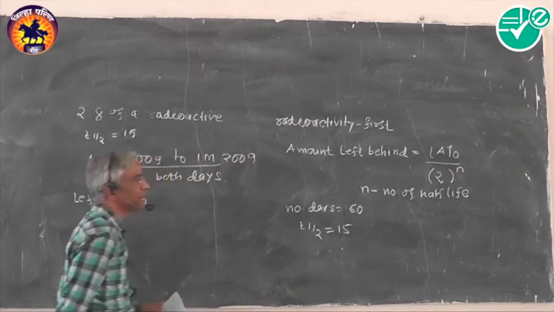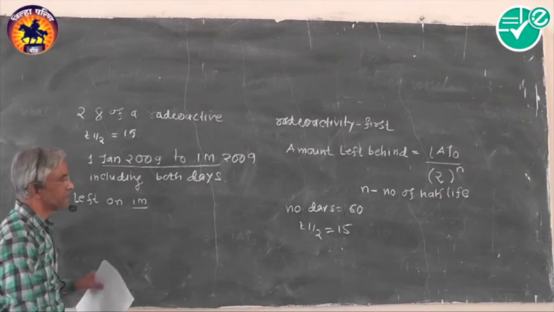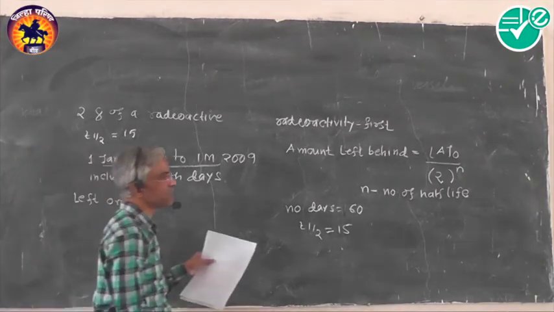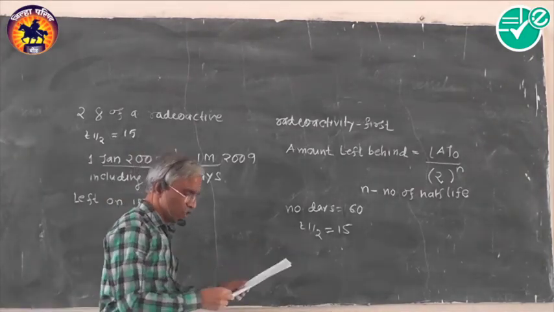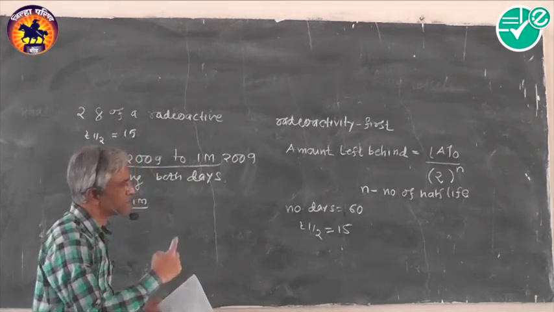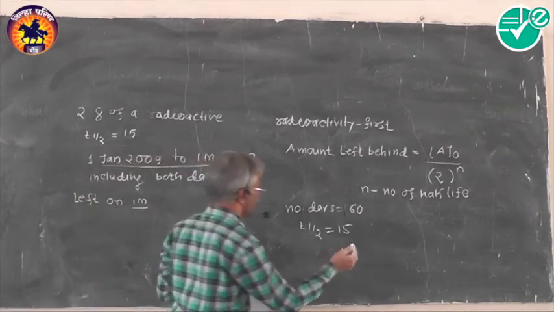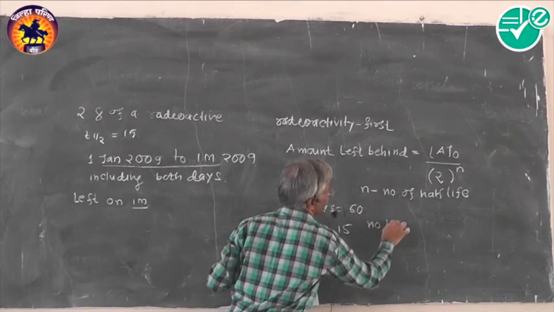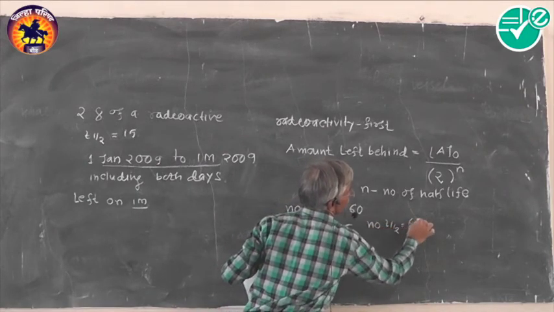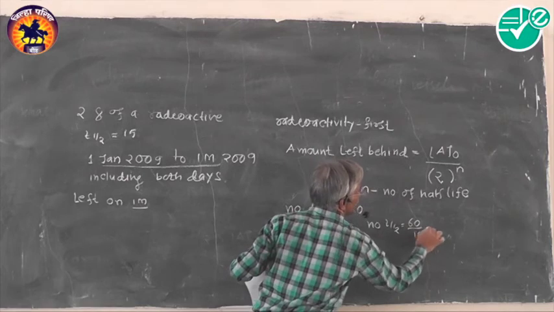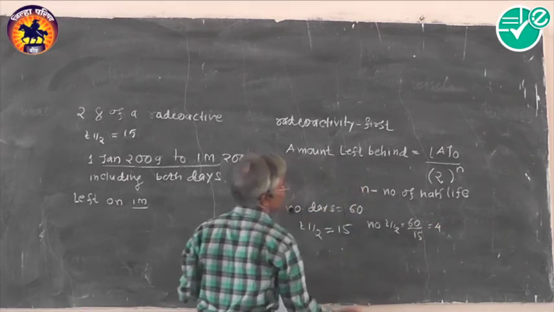How many T halves will there be in these 60 days? Of course, 4 T halves. That means 15, then 30, then 45 and 60. Or the number of T halves is 60 by 15, which is 4.